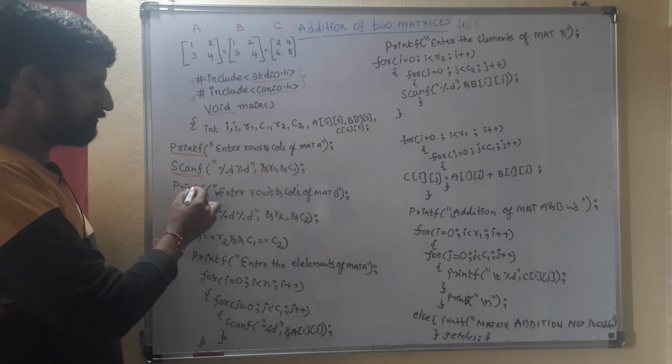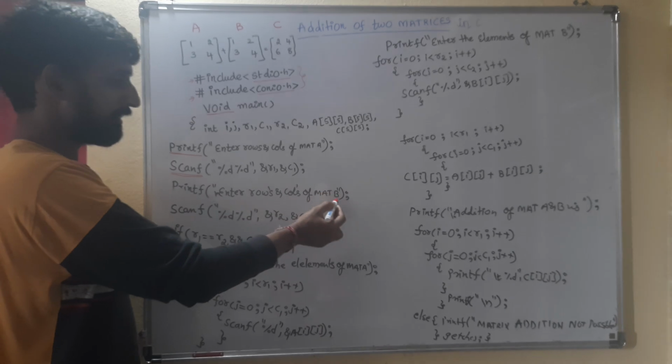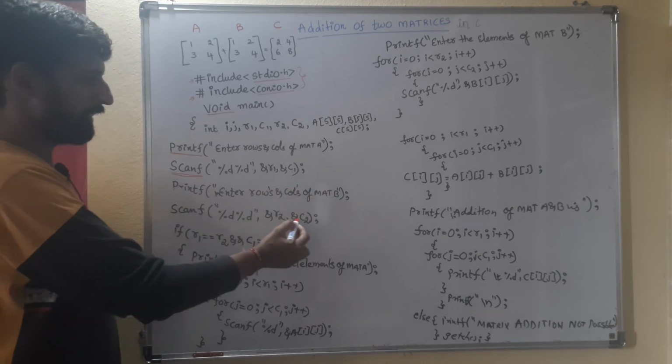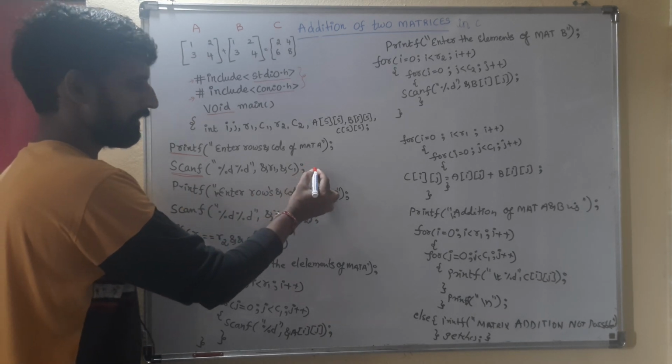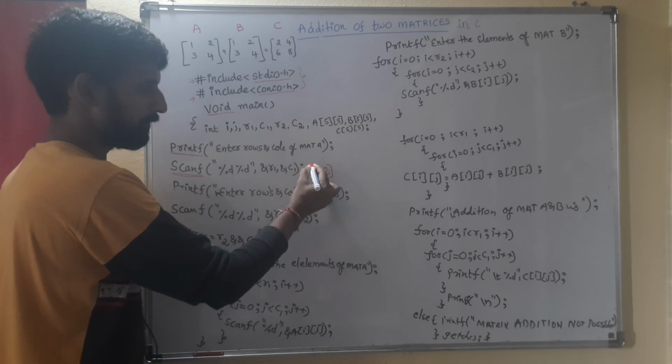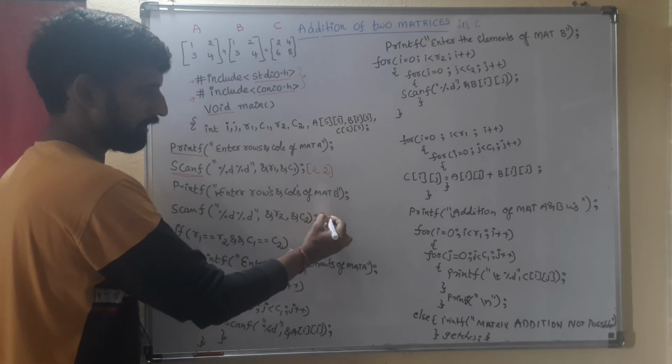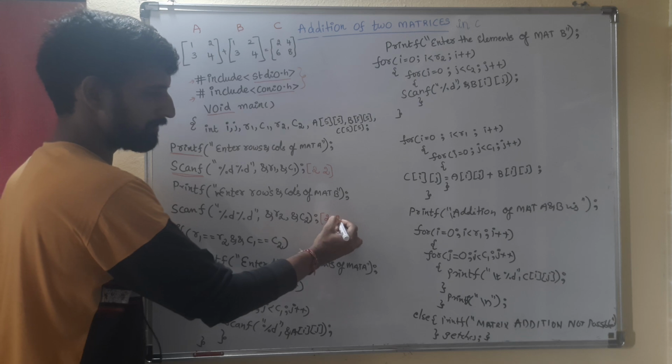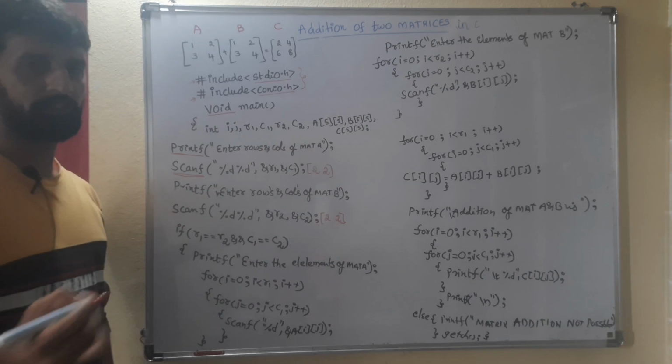Printf, enter the rows and columns of matrix B, and we are going to read. Let us say we are going to enter the rows and columns as 2 by 2, and here we are going to enter the rows and columns as 2 by 2.